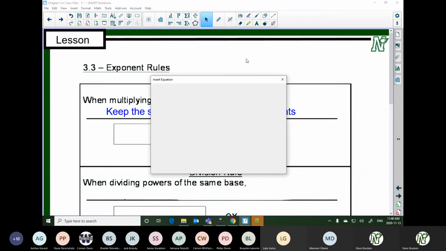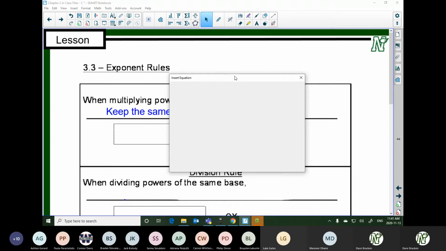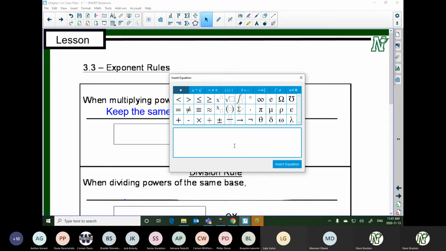And here's what we can do. Let's pick a base. I just picked 7. So I picked 7 and I raise this to the power of, I don't know, let's go 6.